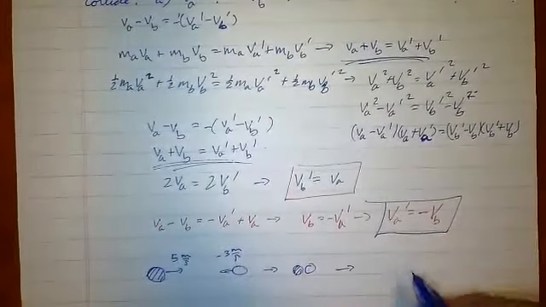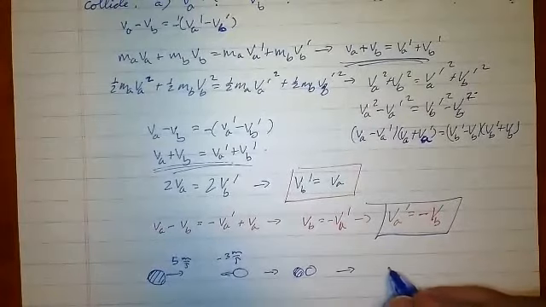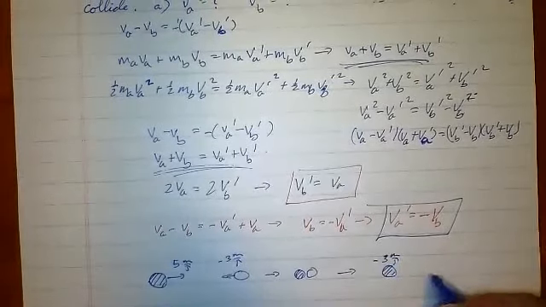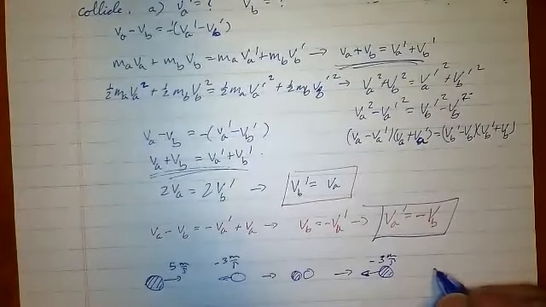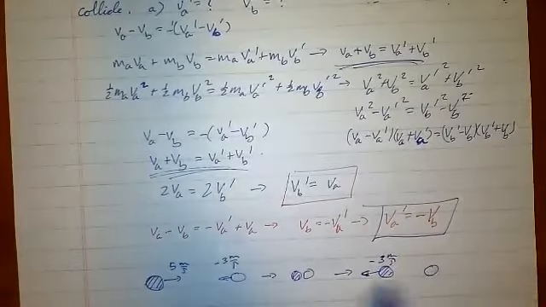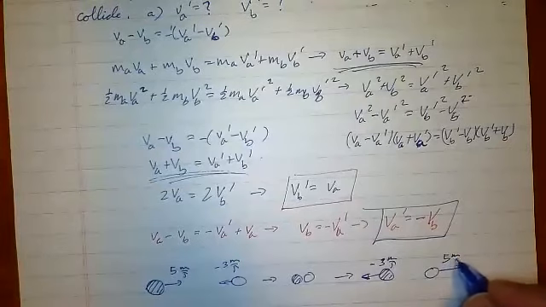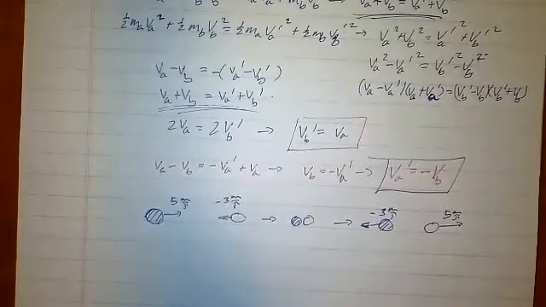After the fact, VA is going to be leaving with a velocity of negative 3 meters per second, and that's why I'm showing the arrow this way, because it's negative. And VB, which was the white ball, will now be moving at 5 meters per second.